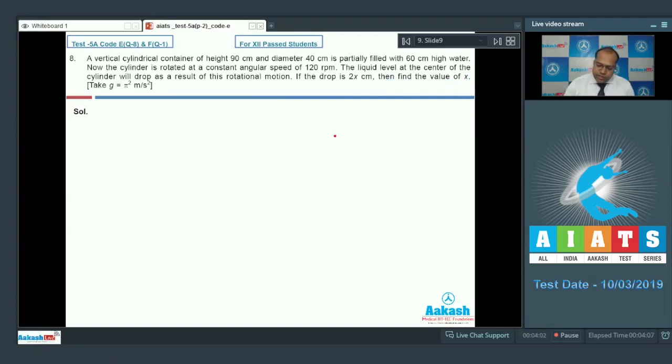So let's understand the situation. Suppose this is a cylinder. The radius of this cylinder is given as R, which is 20 centimeter, and the level of liquid in this cylinder is given, that is h0 initially, which is 60 centimeter.